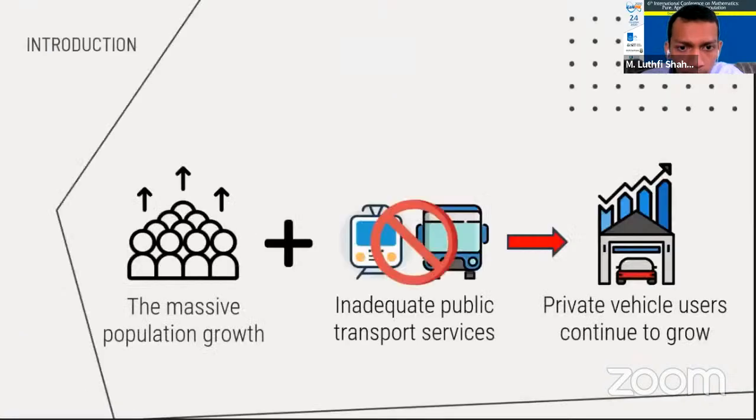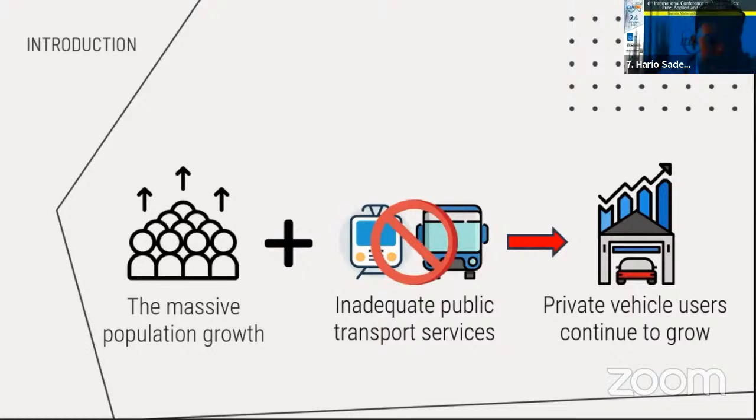Introduction. The massive population growth results in an increase in the number of movements and road users in the city. Population movements generally include going to work, school, and other purposes. This requires government effort to improve road facilities and public transportation. However, public transportation service is inadequate and its use is still not effective.